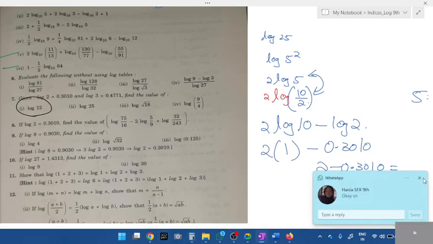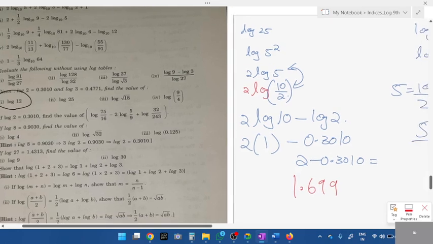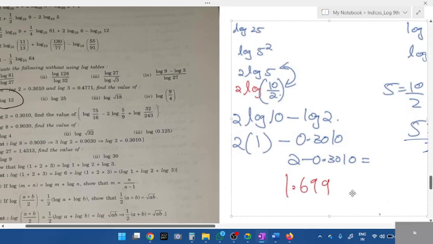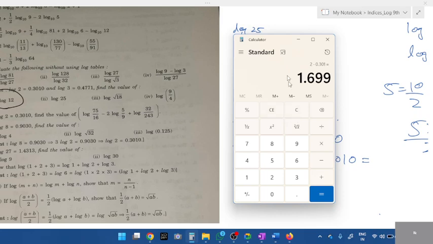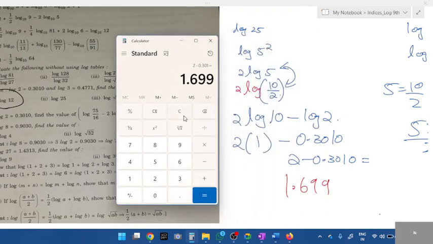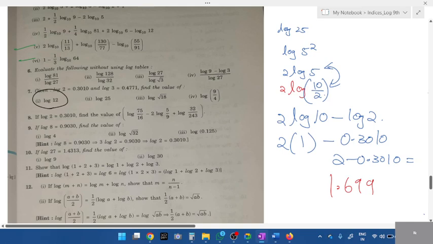Shall we try the next one? Next question. Okay, then what? Where did I go wrong? 0.3010. 2 minus 0.30. Which question did you check? Dia, which question?